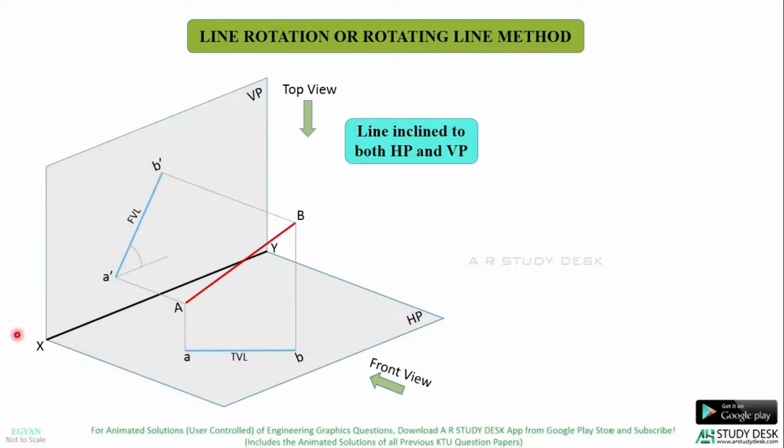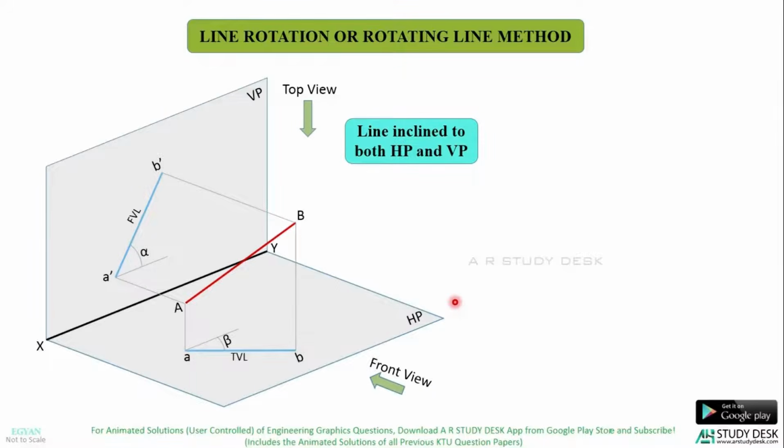This is the apparent length. The angle made by the front view length with the XY line is alpha, that is apparent angle alpha. Similarly, the angle made by the top view length with the XY line is beta.